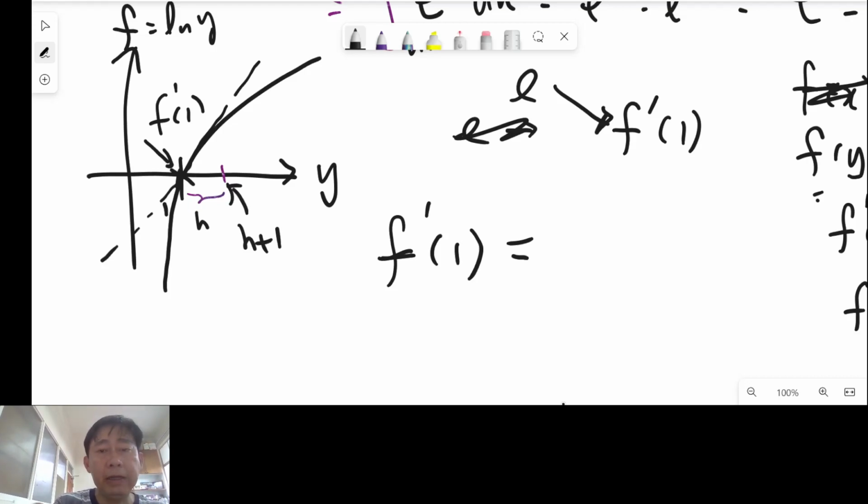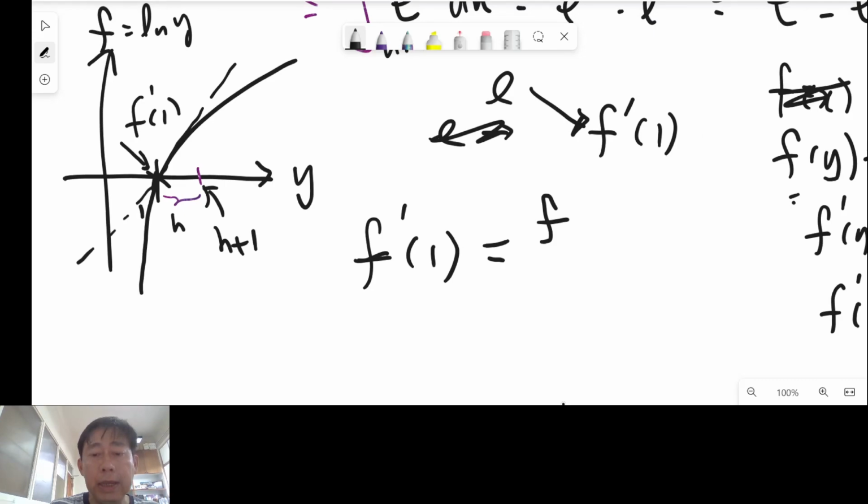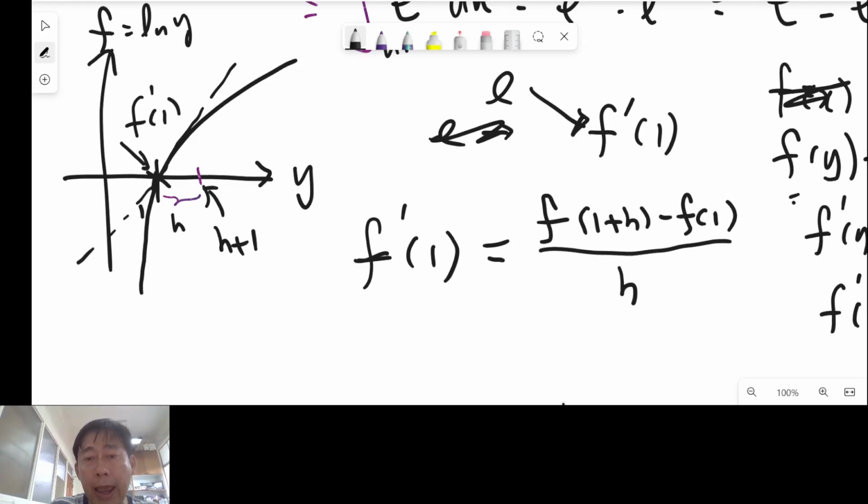So the derivative at this point is defined as the function log of y evaluated at 1 plus h minus the function evaluated at 1, divided by h, and then we take the limit of h going to 0.